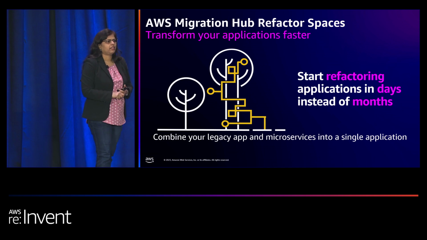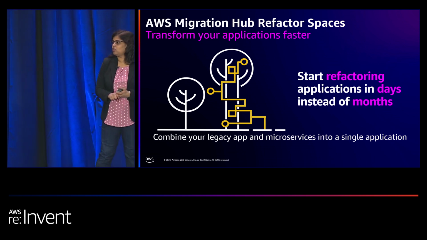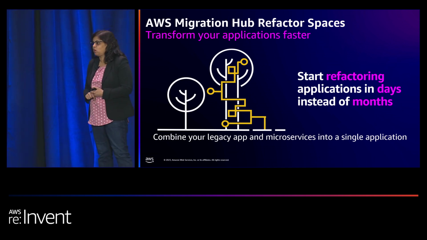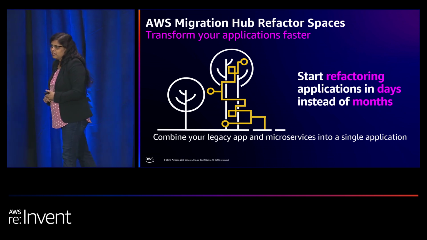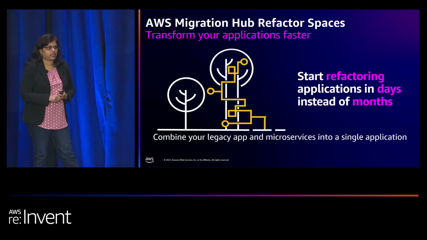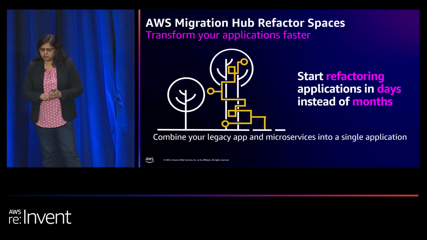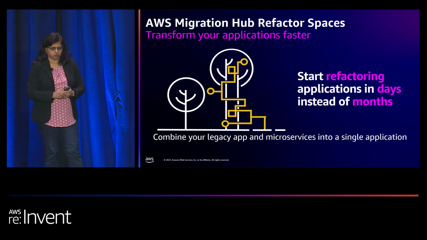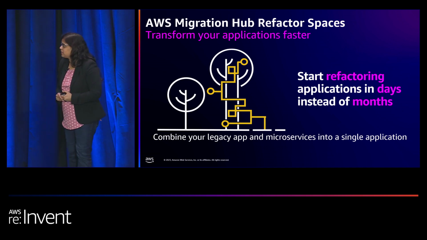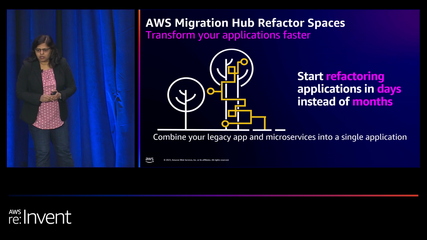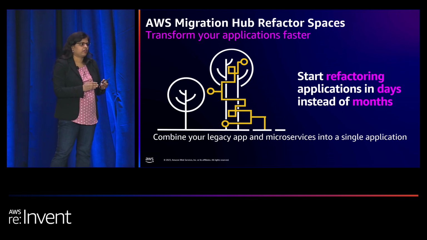You may be thinking, oh, that all looks good, but it looks like quite a bit of work, right? Think about all the networking and routing that you have to do to make that happen. That is where we recommend Refactor Spaces from Migration Hub, which will simplify this for you. Refactor Spaces environment provides the infrastructure.